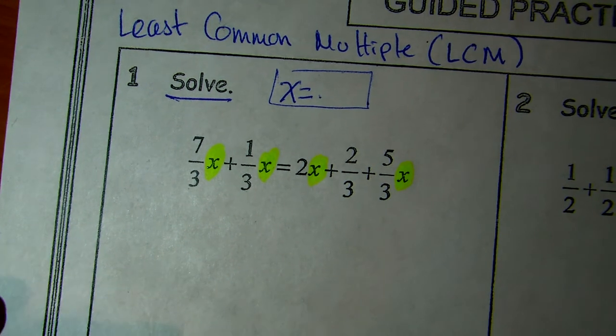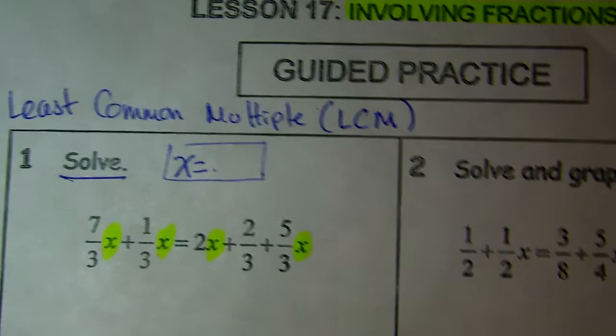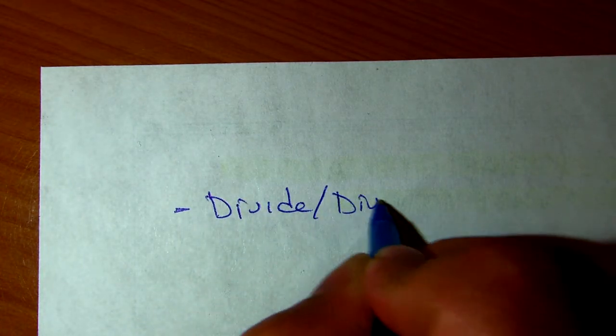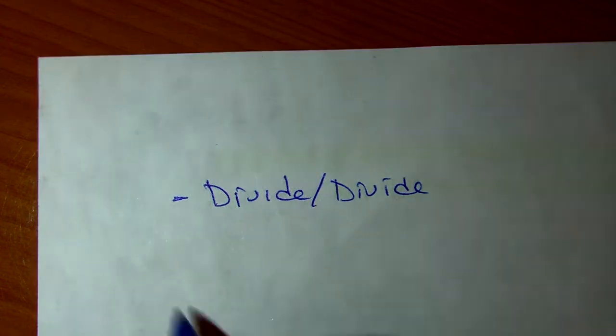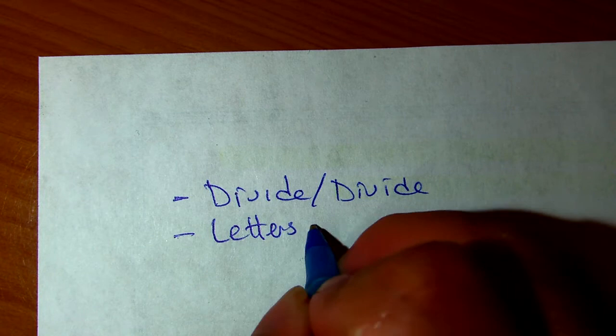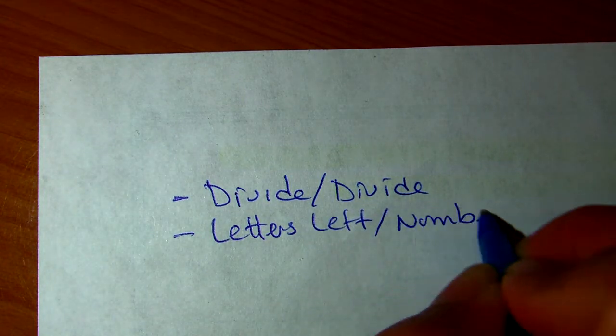So far in our previous lessons, I'm going to write over here in the back of the paper, we covered solving for one variable. We started with divide, then letters to the left, numbers to the right.